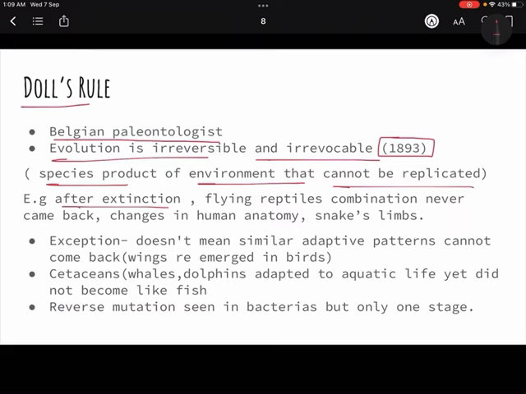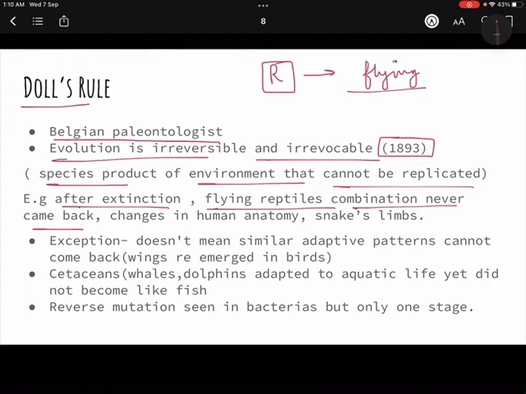For example, he says, after extinction, the flying reptile combination never came back. Means there was a time when the reptiles had wings and they were flying, but today's reptiles do not fly. But that doesn't mean that the combination of flying cannot return in some other species.